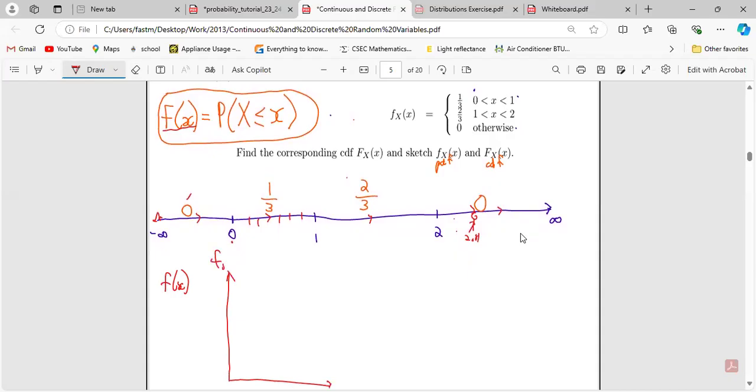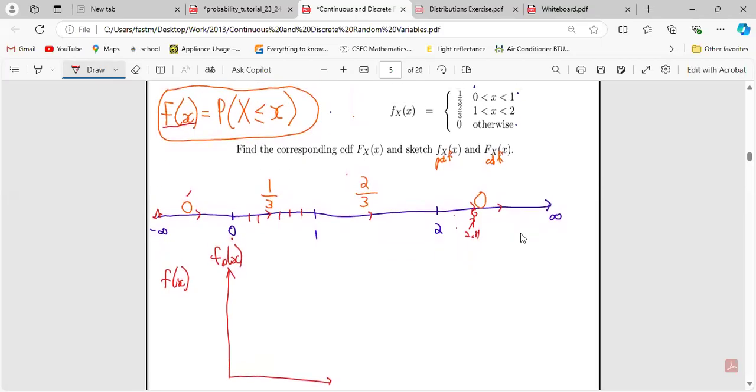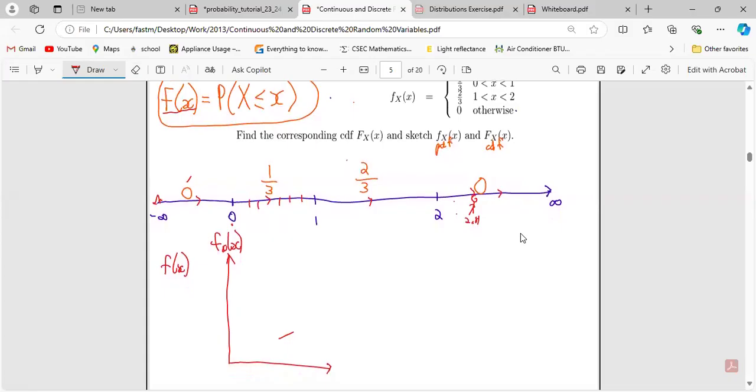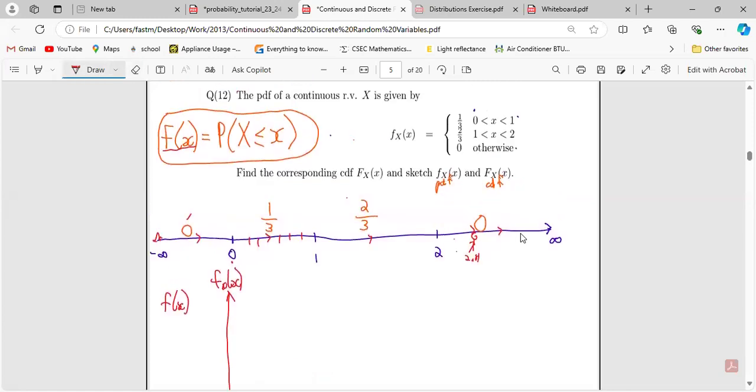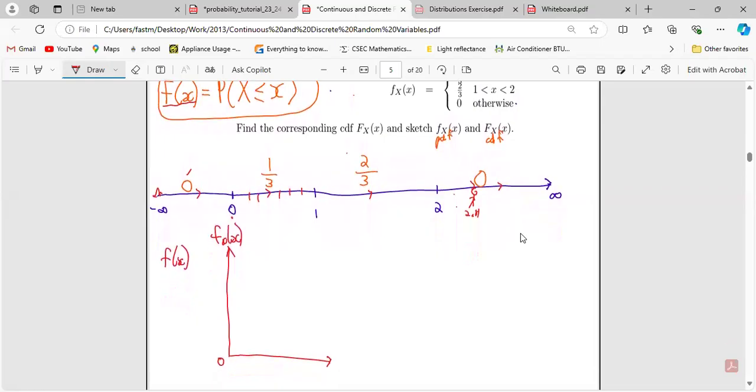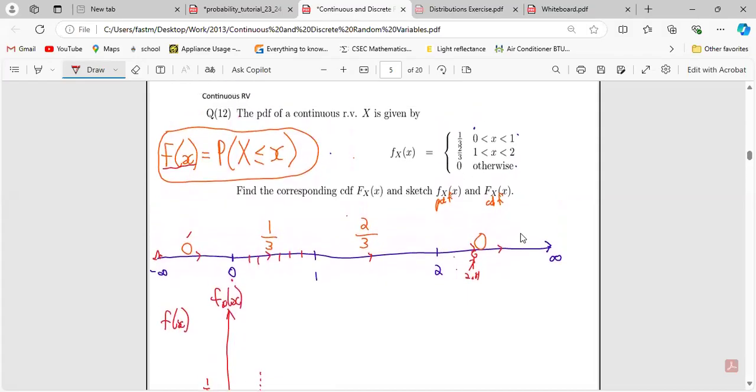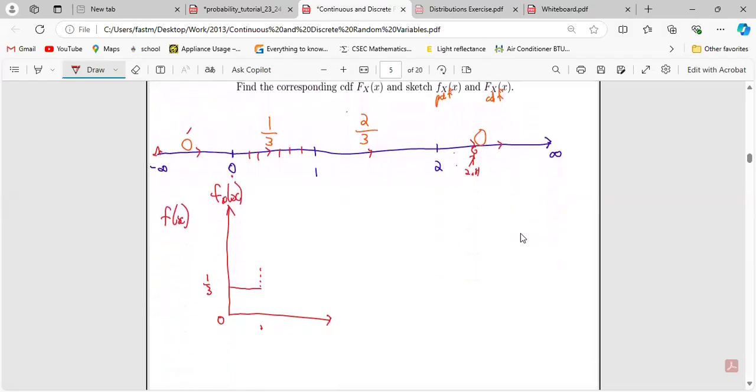So you have f of x, right? So we have 0. And between 0 and 1 is a 1/3. And then from 1 to 2 is 2/3.